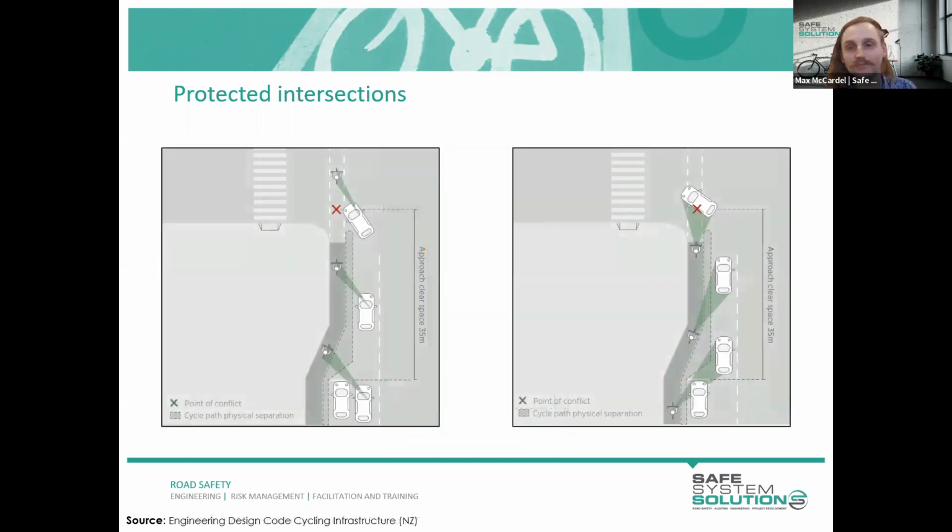New Zealand have a very similar diagram, but it works both ways, which I think perhaps communicates the point a little bit better. But something to really consider: are there any fixed hazards or any fixed roadside furniture that will impact on sight lines? And what can we do to mitigate that as a risk? Most likely relocation.